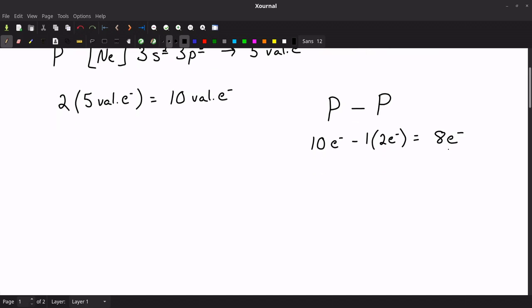Those 8 electrons need to get dispersed onto these 2 phosphoruses as lone pairs. So I will just do that right now. We're going to have one phosphorus attached to the other phosphorus.